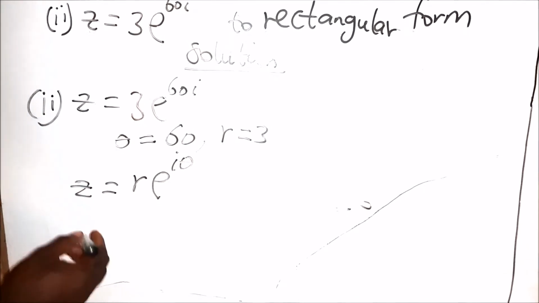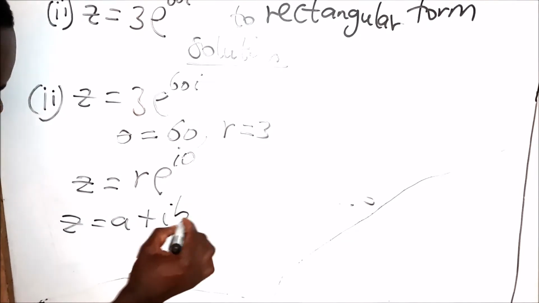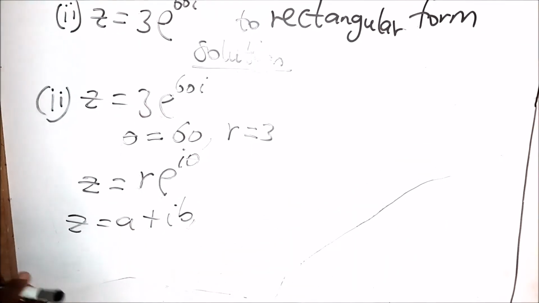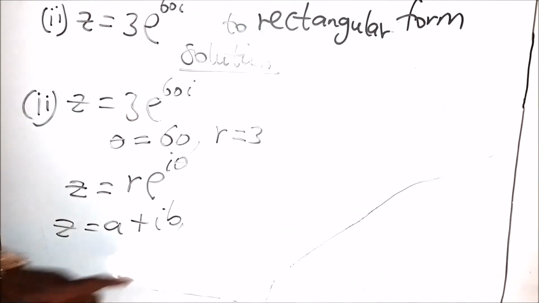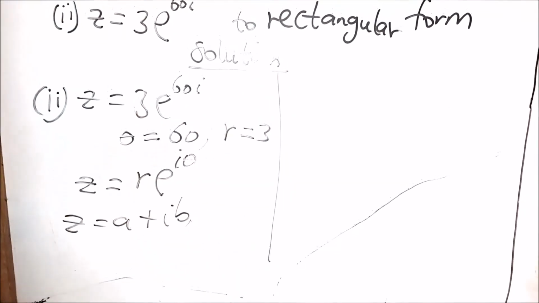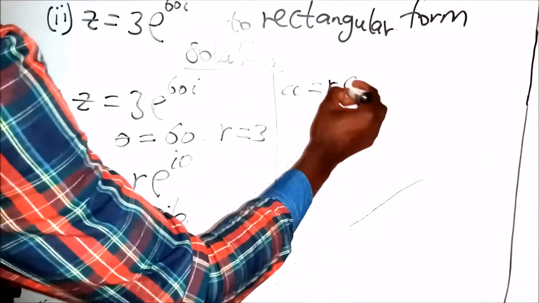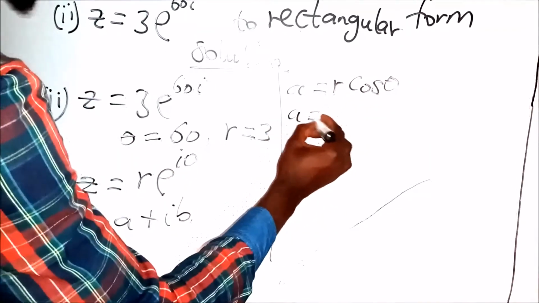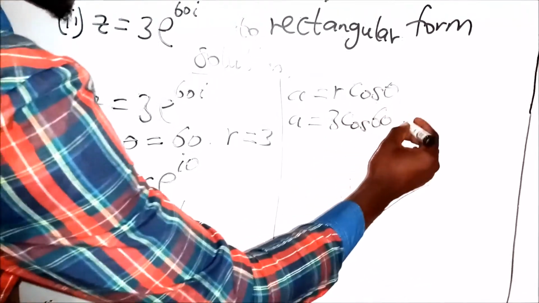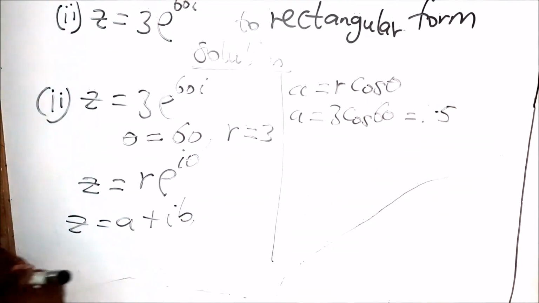So since we have known this, and our rectangular form is a plus ib, we can now get our a, which is the real part, and our b, the imaginary part, using the theta and the modulus. Now to do that, we have that a is equal to r cos theta, which is 3 cos 60, which is 1.5.